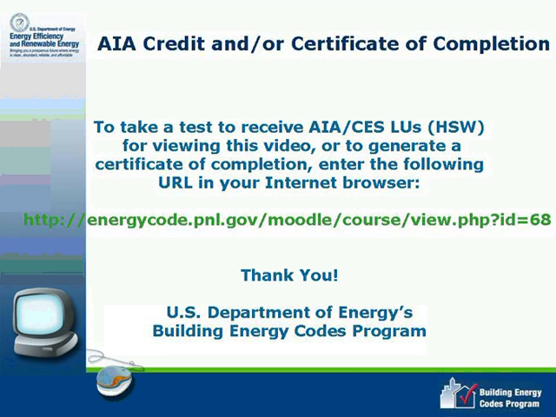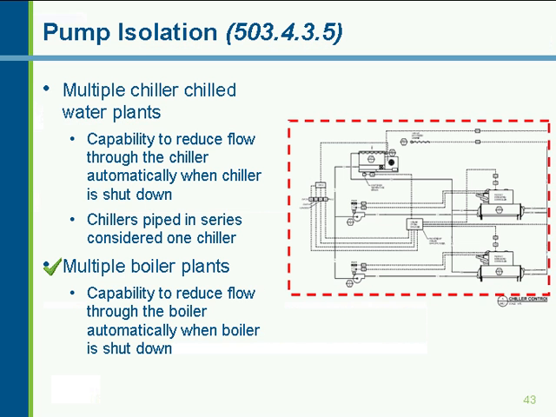Okay, there's a question about the pump isolation requirements. Somebody didn't understand exactly what that meant. Here's a schematic of that. Basically, when you have a central plant that includes multiple boilers or chillers, and they're piped in parallel, as shown in this schematic, it needs to include a means to shut down the flow to each piece of equipment when it's not operating.